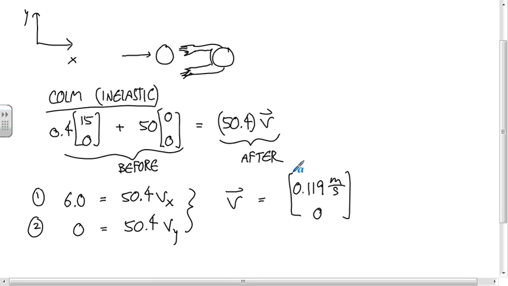So the reason that their velocity is so low compared to the ball's starting velocity is because the man is so much heavier, so much more massive than the ball. Essentially, the velocity of them after the collision is much closer to the velocity before the collision of the much more massive thing.